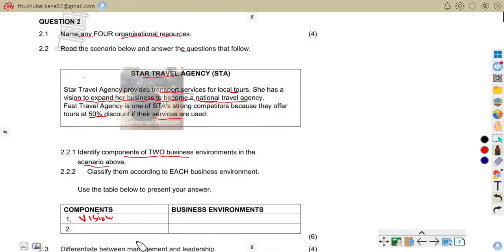Also we have competitor as a component. We know competitor is found in the market environment, while vision is micro.